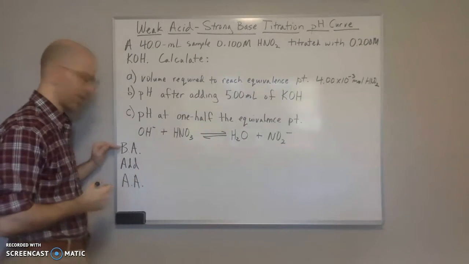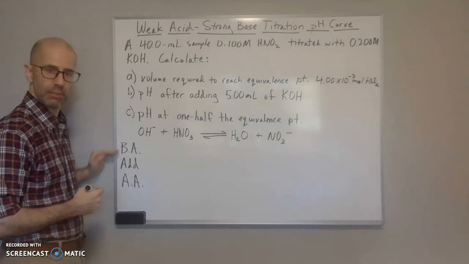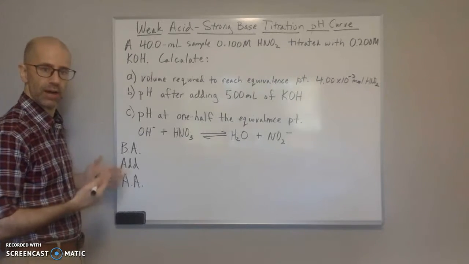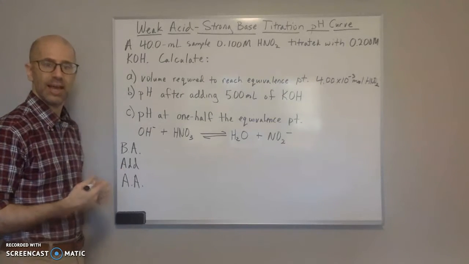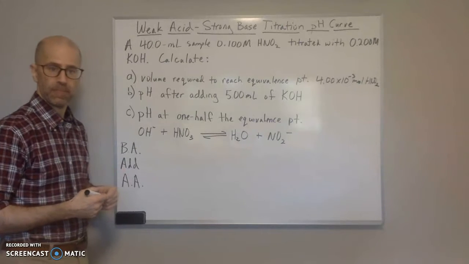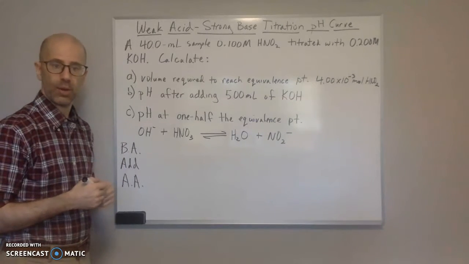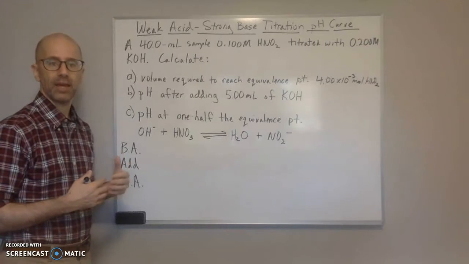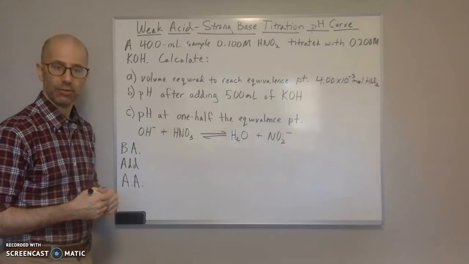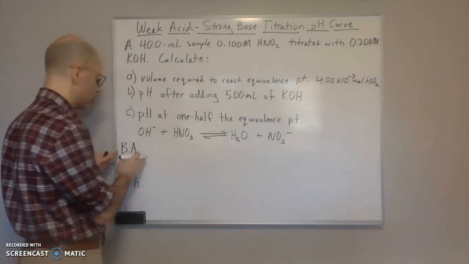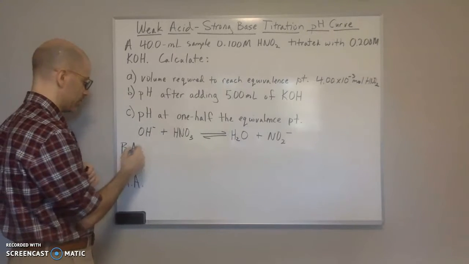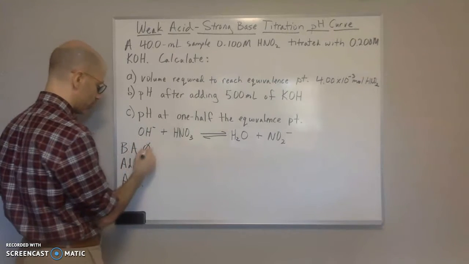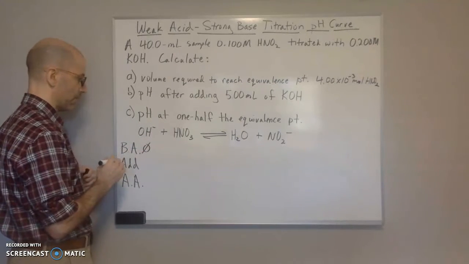So if we do a stoichiometry table here, where we figure out how much is left after you've added that amount, remember, the KOH is a strong base. It's going to react completely with the acid, and then we'll look at what's left over. Before you added, we had 0 amount of OH minus.